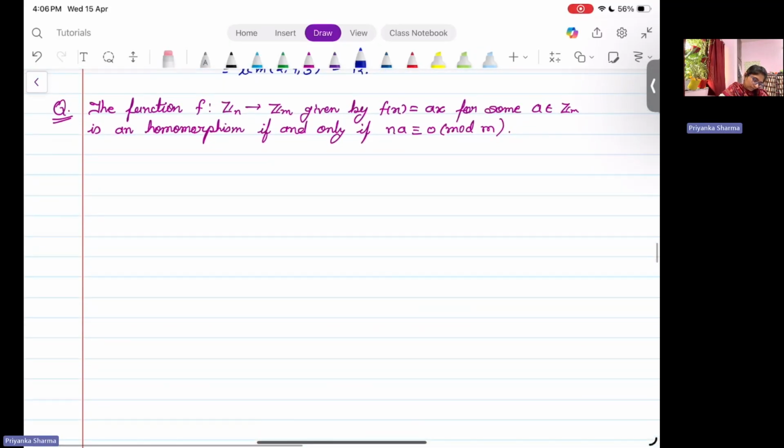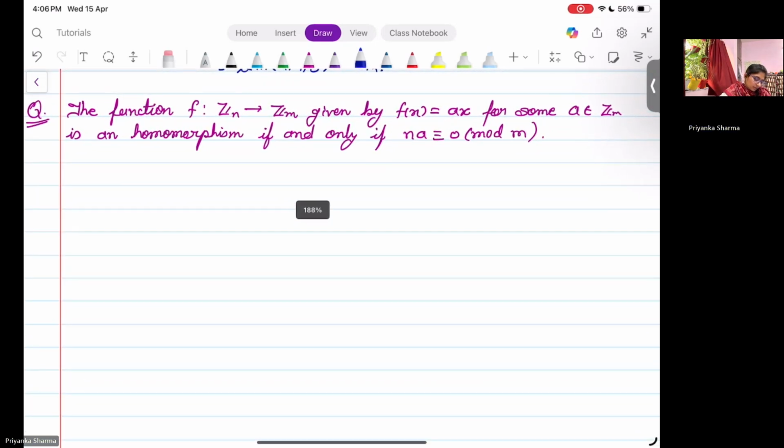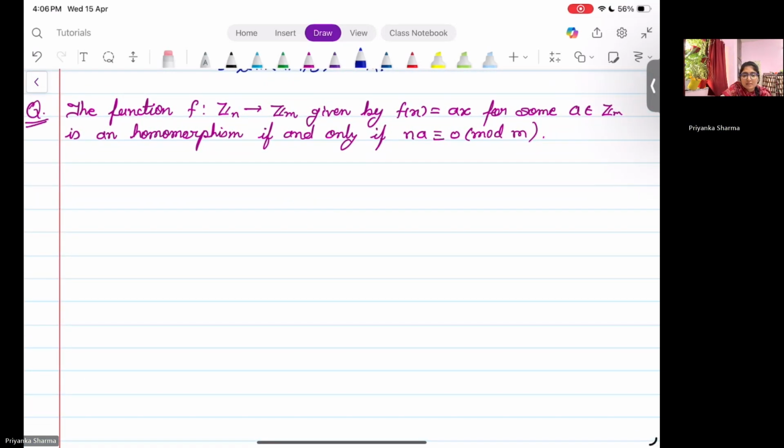Now come to the next question. Suppose we have two finite abelian groups and they both are cyclic actually, and they are Zn and Zm. And we are considering this type of function, that is f, which is from Zn to Zm, and this is given by f of x is ax, where this a belongs to Zm.